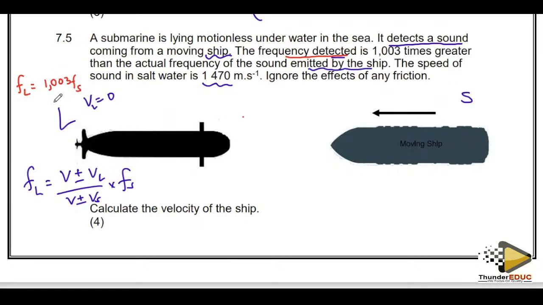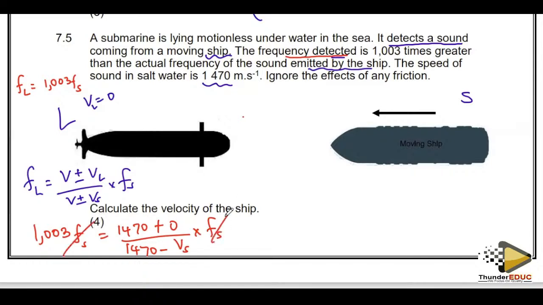Does that make sense? So I'll say 1,003 fS is equal to my v, which is 1470. Since the frequency is increasing, I'll have a plus. The listener is not moving. So 1470 minus vS is what I need, times fS.